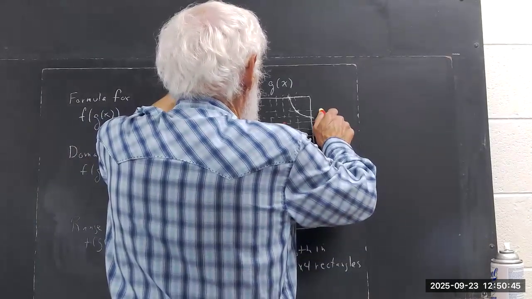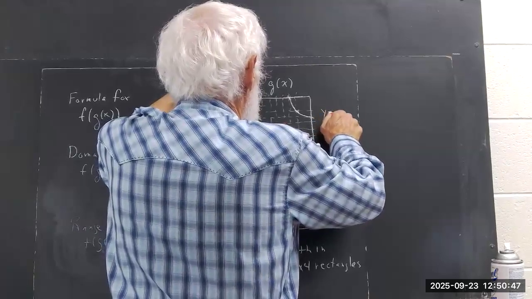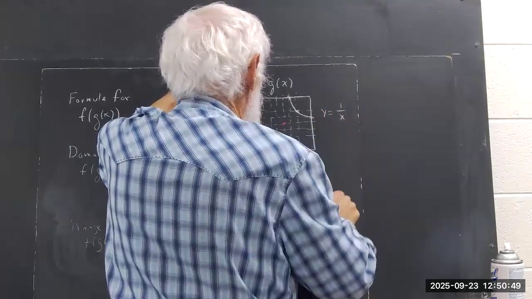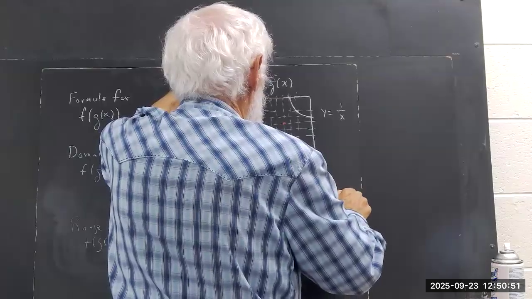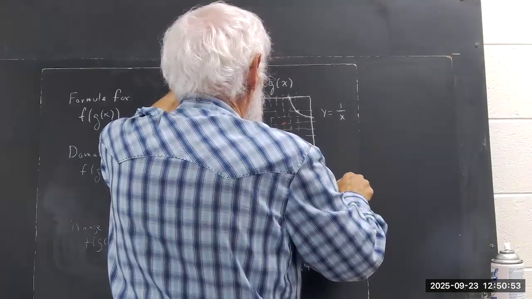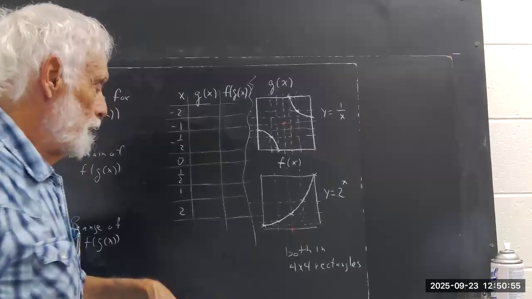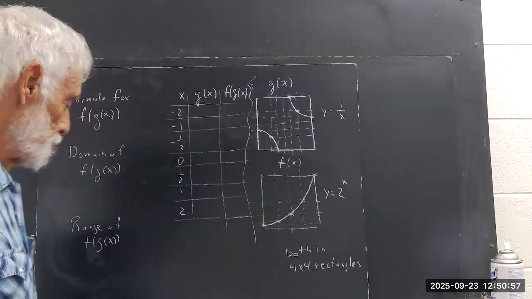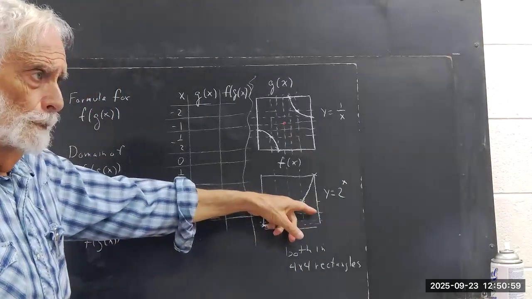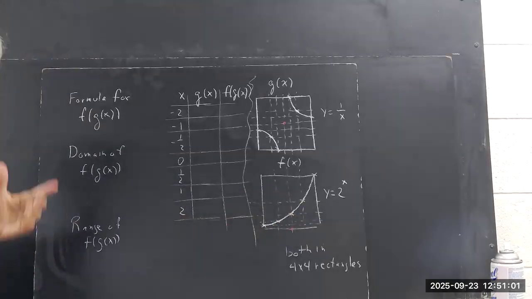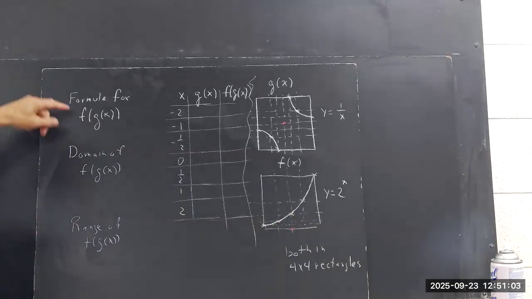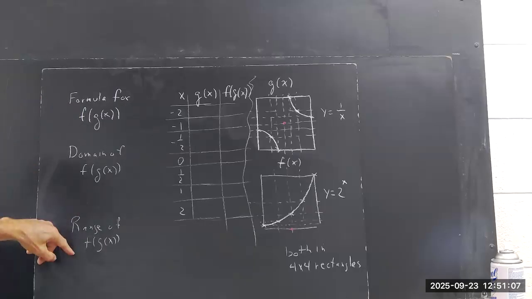But this is y equals 1 over x. This is y equals 2 raised to the x power. Now, that one wasn't really in the first section, but we've used that more than any other, and you would presumably know that. So can you do the formula for F of G of X, the domain of F of G of X, and the range of F of G of X?